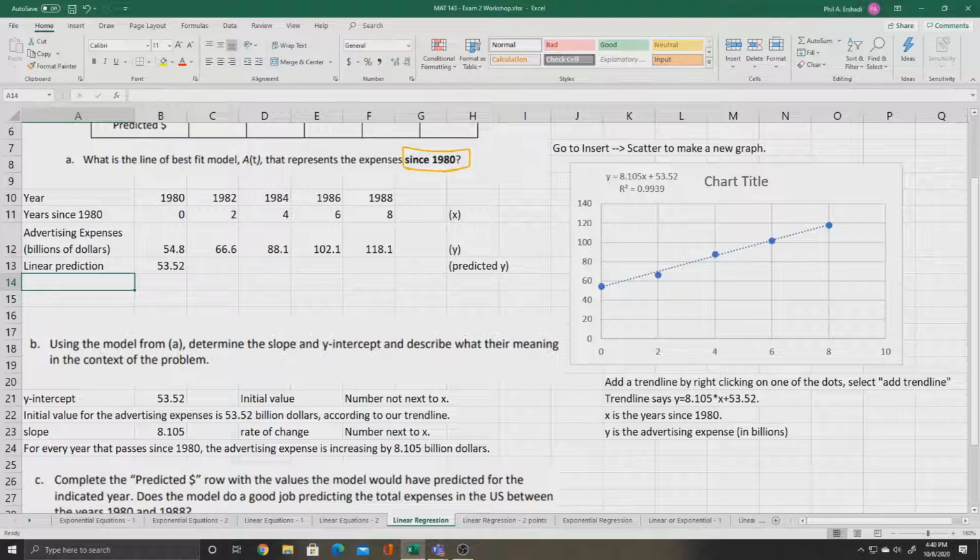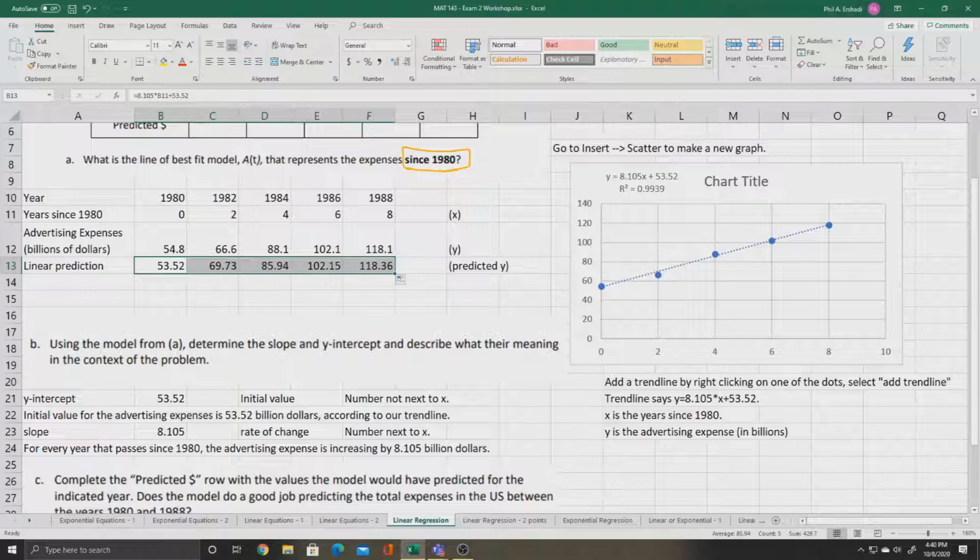This will give us our prediction for our 0, which is 1980 itself. Then we use the black cross to create predictions for all of the x values. And so there's our prediction row.